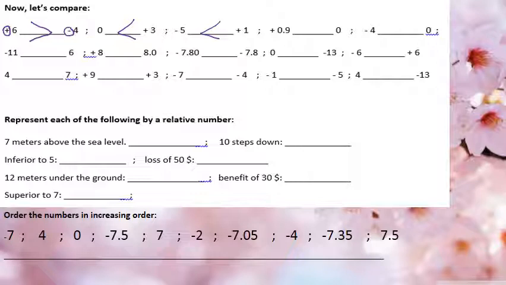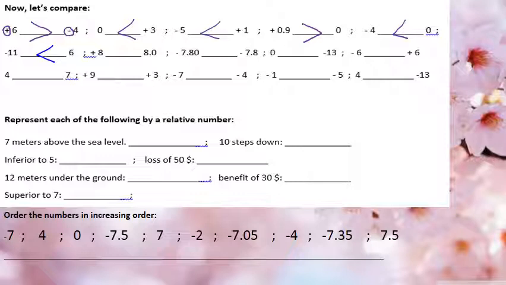Plus 0.9 and 0, all positives are greater than 0. Minus 4 and 0, all negatives are always less than 0. Now, minus 11 and 6, all negatives are less than all positives.